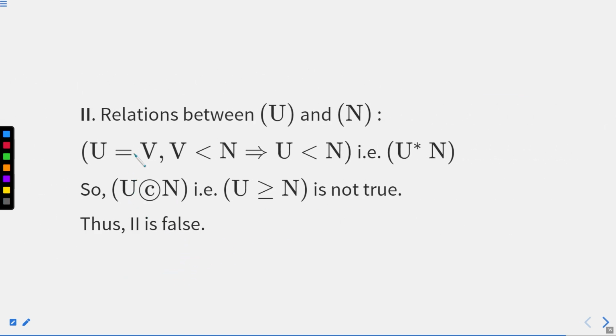Now, statement 2 says the relation between U and N. We know that U is equal to V, and V is less than N. This implies U is also less than N, which implies U star N. So, as per the conclusion given, U copyright N means U greater than or equal to N, which is not satisfying the expression, because the conclusion that we are getting from the expression is U less than N, and the conclusion that we are given is U greater than or equal to N. Hence, this statement is also not true.